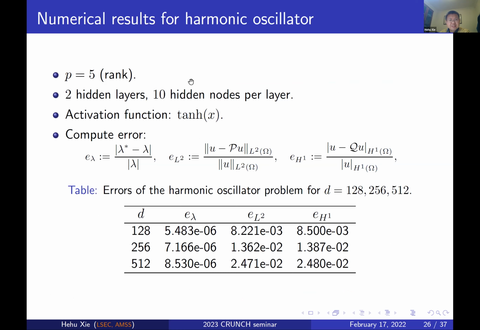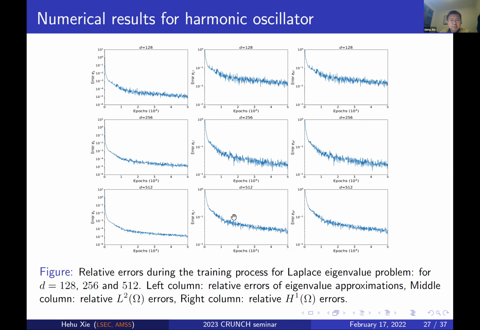Okay, this is the second example, the harmonic oscillator. Always the same settings for the network, and this is the error result. This is the eigenvalue and eigenfunction, with similar results as the model problem, and this is the convergence behavior.